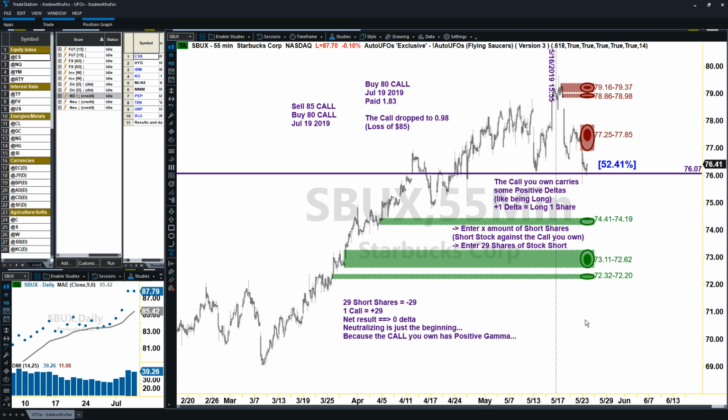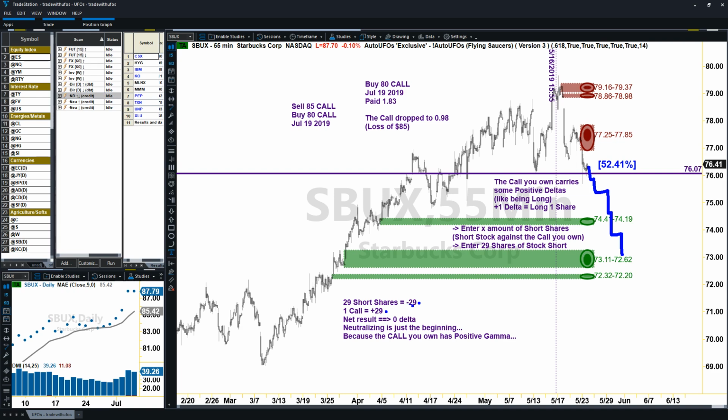I'm not going to repeat what we learned last weekend, but because it has positive gamma, what's going to happen now is that if the market falls and keeps going down, the delta of the call will drop from 29 positive to, let's say, 10. So if it drops from 29 to 10, but you are short 29 shares of stock that remain 29, because stocks don't change delta, what's going to happen?